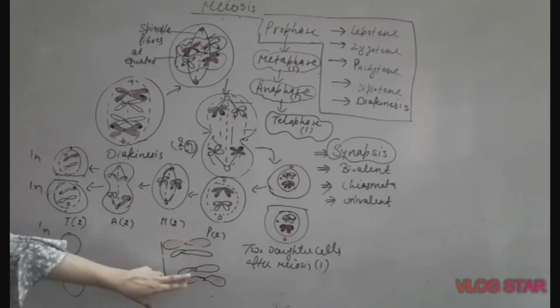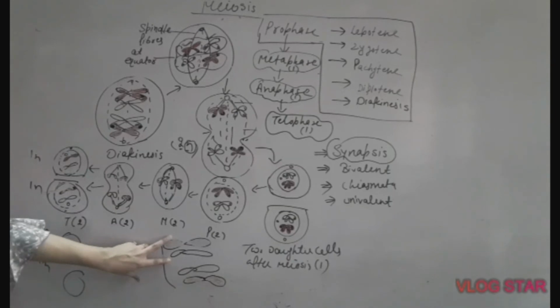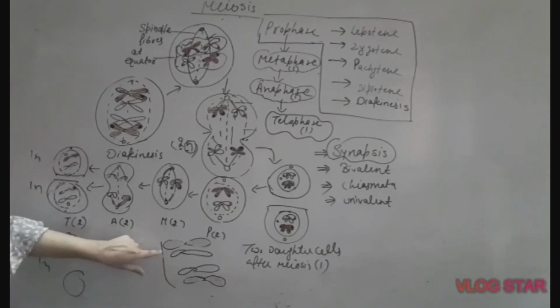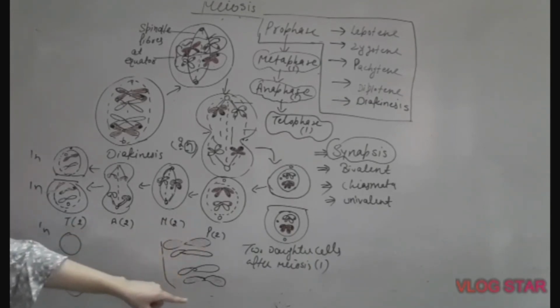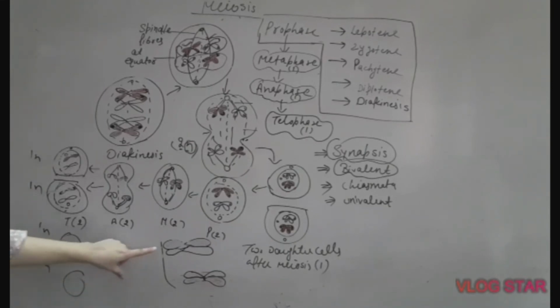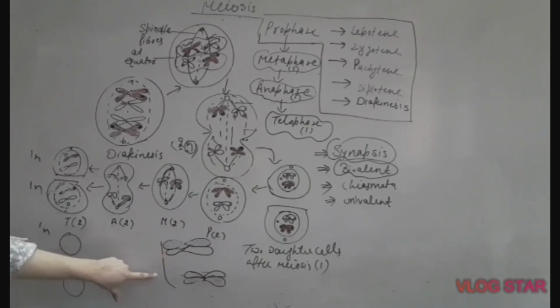They unite with each other and form a pair. Like this is one pair and this is another pair. This pair of chromosomes during synapsis is known as bivalent.